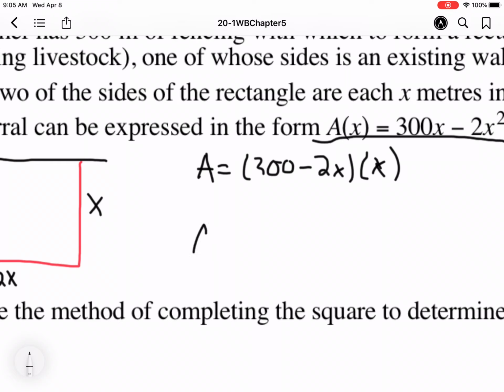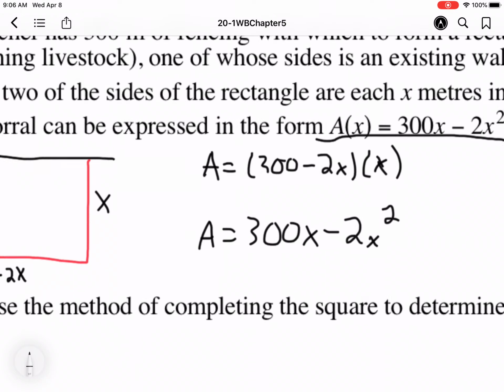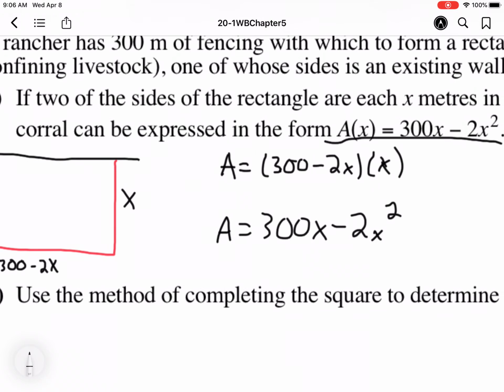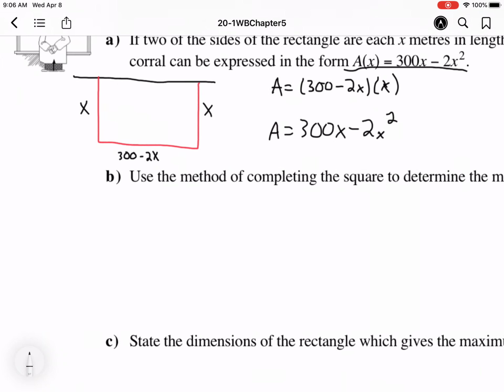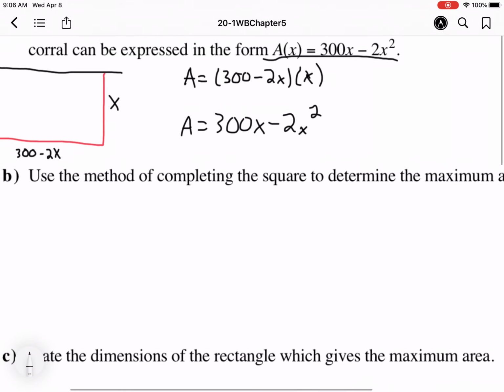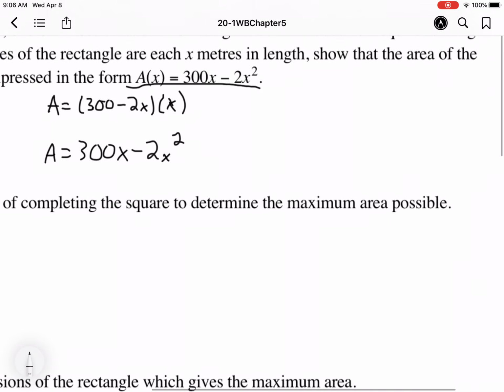So then my area is going to be 300x minus 2x squared. See how, if it tells me to show, I've basically shown the math, shown all the thought process, and I've given them back the answer that was offered to me. Now we are going to use the method of completing the square to determine the maximum area possible.